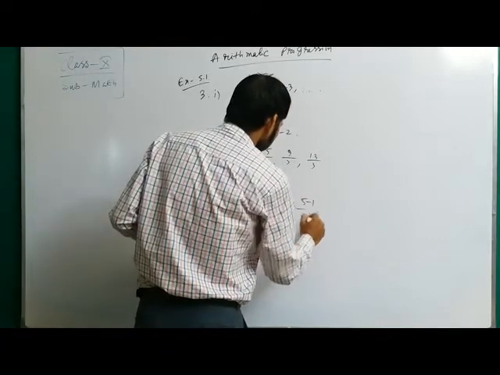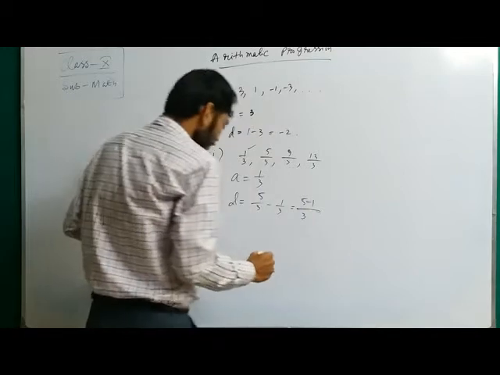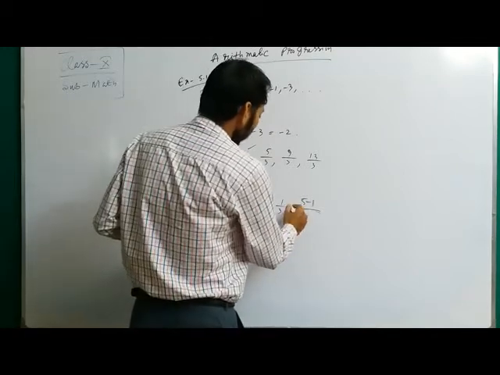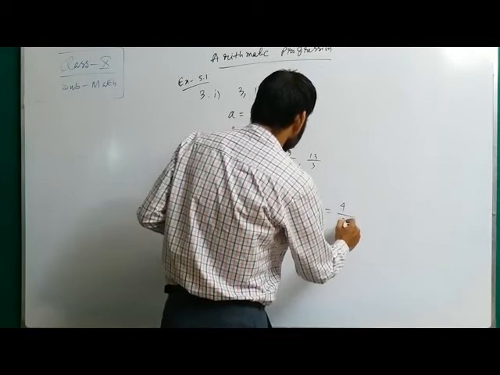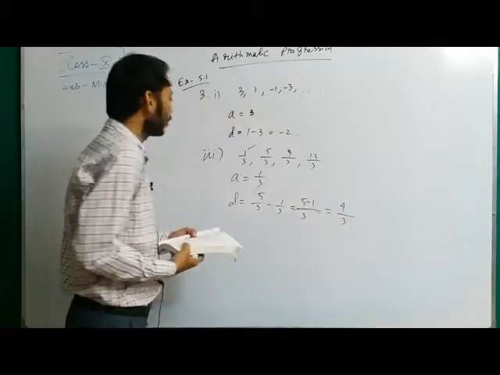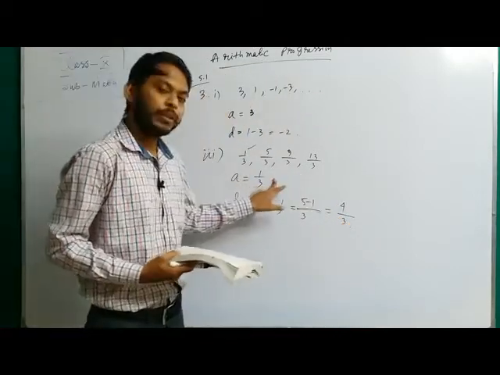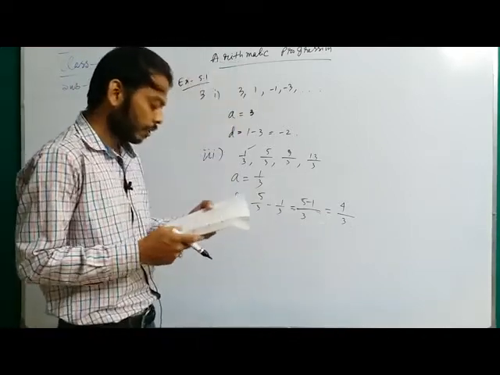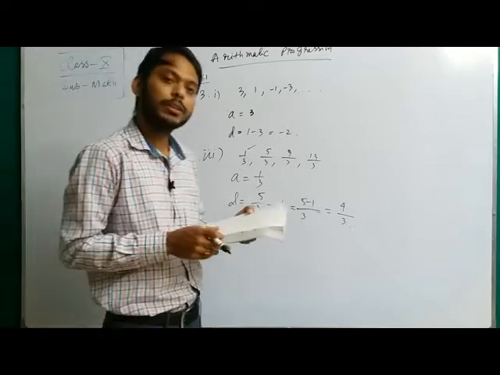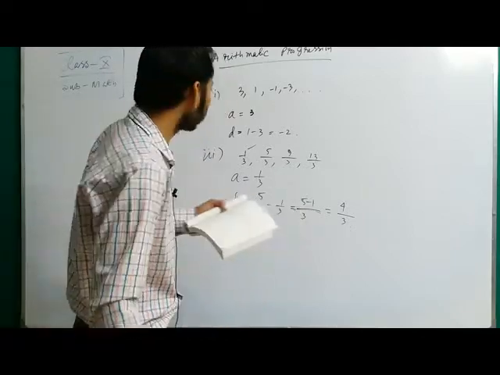So 5 minus 1, 3 will be the LCM, we get 4 by 3. So here the first term is 1 by 3 and the common difference is 4 by 3. Question numbers 2 and 4 of 3 are again left for you.